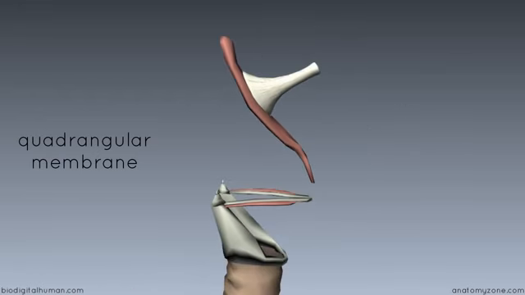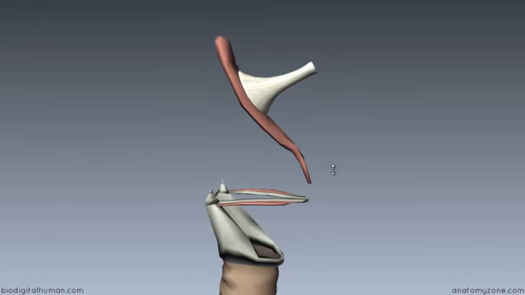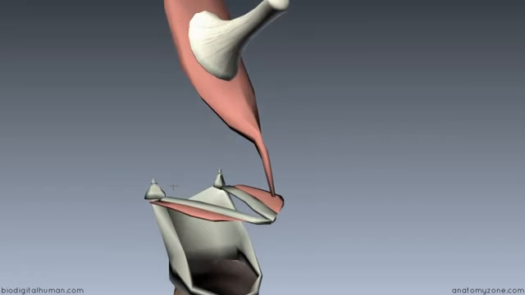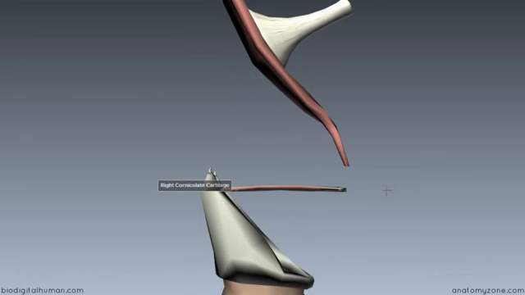So the quadrangular membrane attaches to the lateral surface of the epiglottis, and it attaches to the arytenoid cartilage and the corniculate cartilage above it, and also it attaches to the thyroid cartilage above the point where the vocal ligament attaches to the thyroid cartilage.